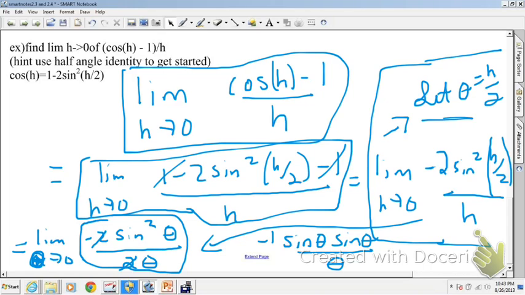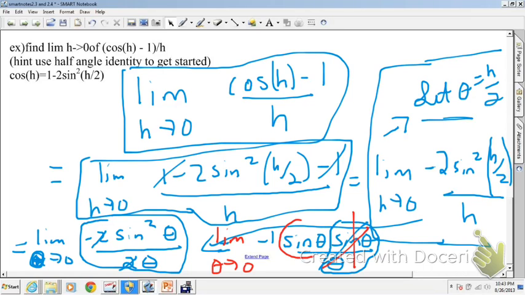Now, right here, sine theta over theta, we know that the limit as theta approaches 0 of this is 1.